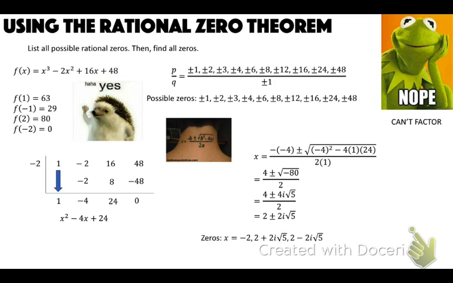So our zeros here are x equals negative 2, 2 plus 2i square root of 5, and 2 minus 2i square root of 5. So we could write this, if it asked for the function, this would be x plus 2, x minus 2 minus 2i square root of 5, and x minus 2 plus 2i square root of 5.